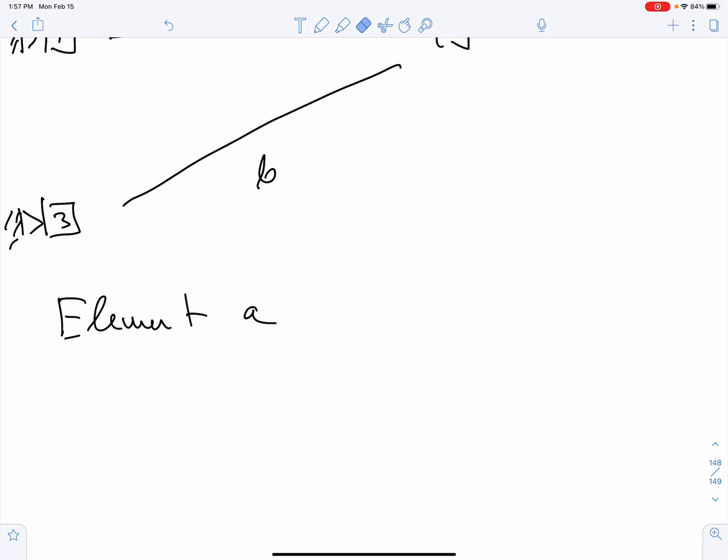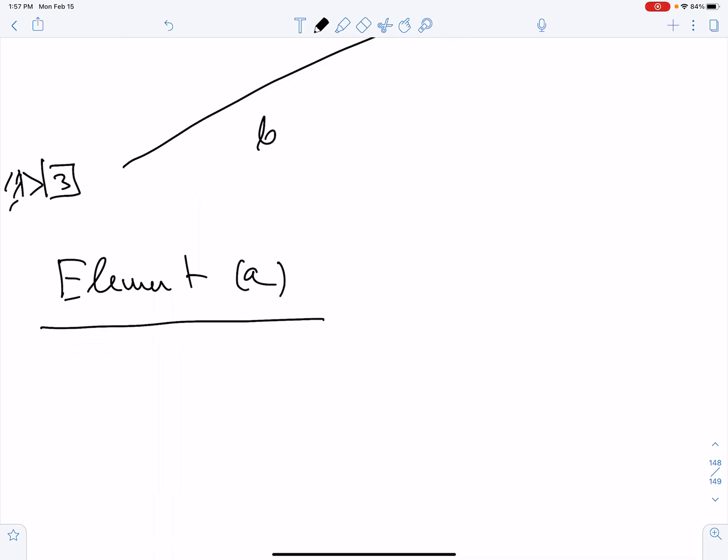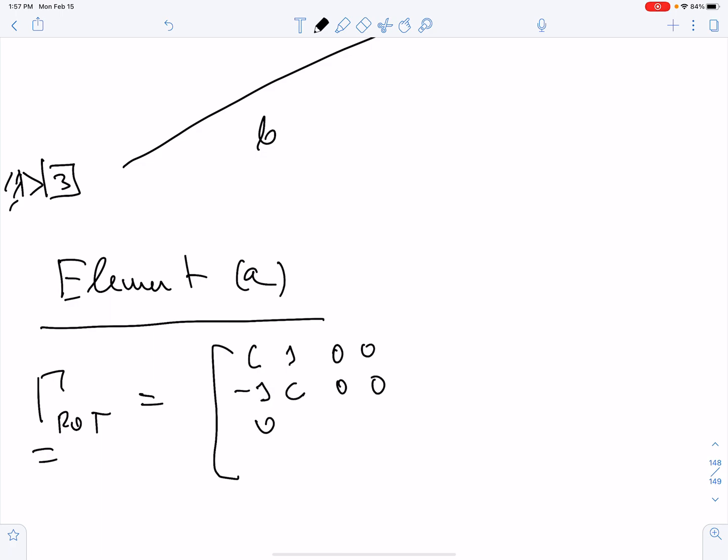Here I urge you to look at the nodes, to recall some of the entries of the different matrices that participate. So let's start with gamma ROT, equals 2. Remember, cosine sine minus sine cosine 0 0 0 0 0 0 0 0 cosine sine minus sine cosine.